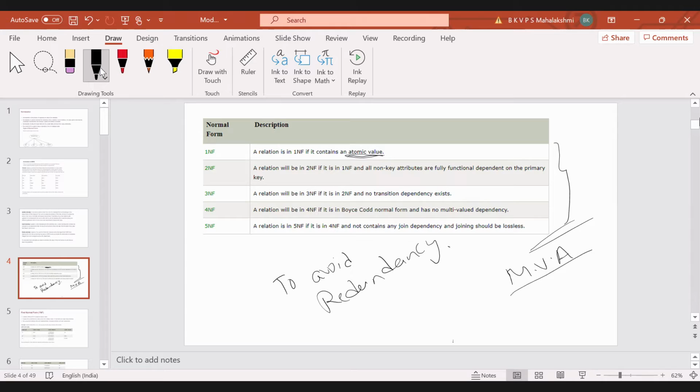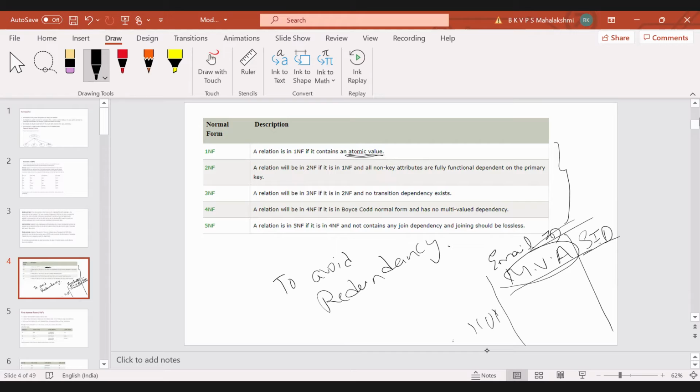Suppose I take the student records, maybe 1101. Here SID is a simple attribute and also the key attribute because it consists of only one value and it is not a derived one. Whereas, suppose assume that the next attribute is email ID.